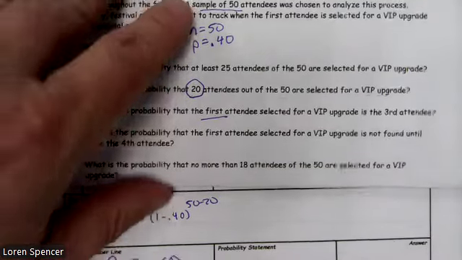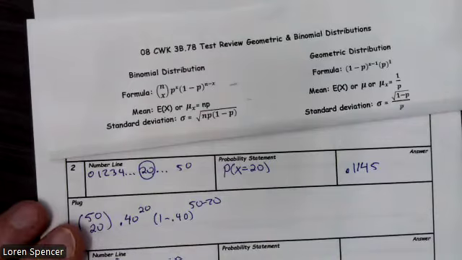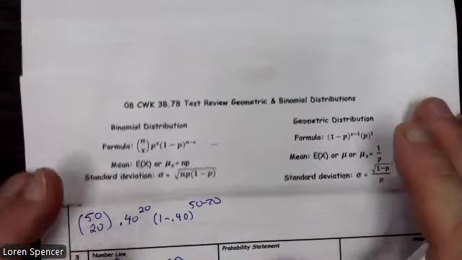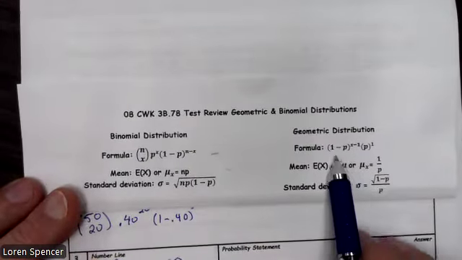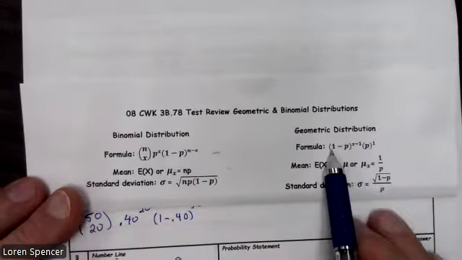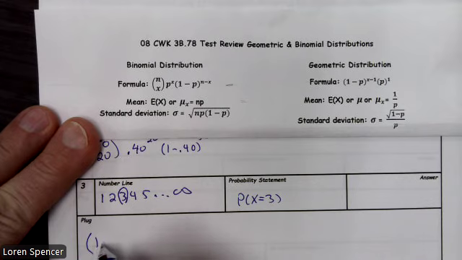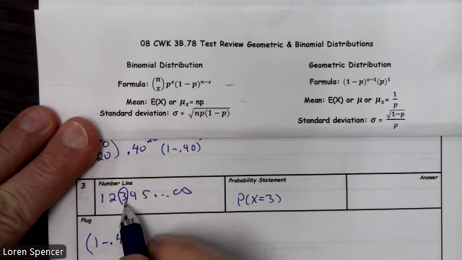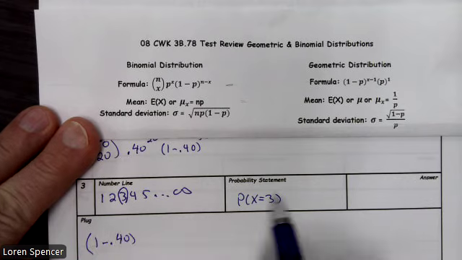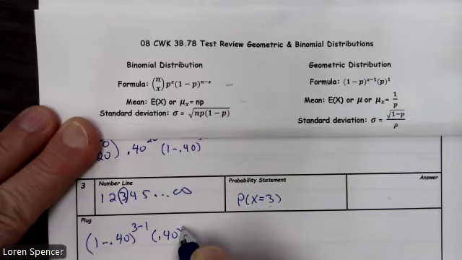All right. And we need to look at the formula for the geometric. The formula for the geometric is 1 minus P to the X minus 1 times P to the first. So in this case, 1 minus our probability, which is 0.40, to the 3 minus 1, times 0.40 to the first power.